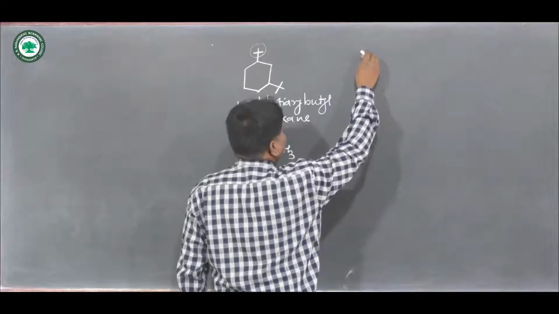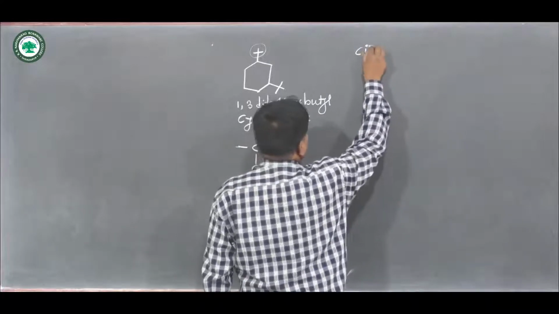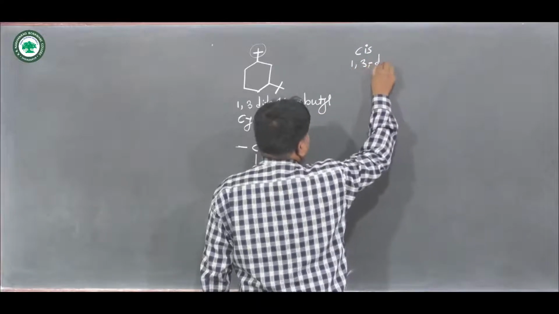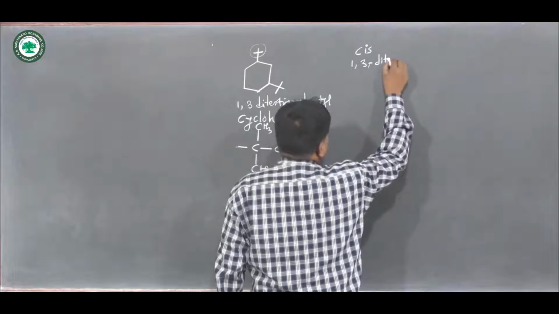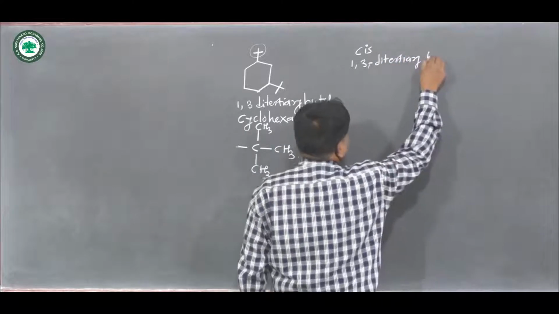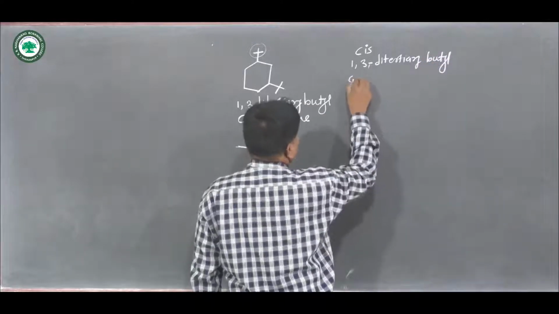Suppose first we write the cis isomer, cis 1,3-di tertiary butyl cyclohexane.